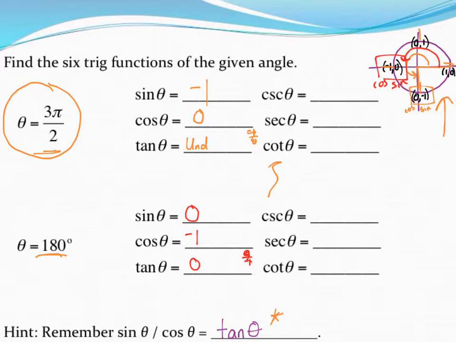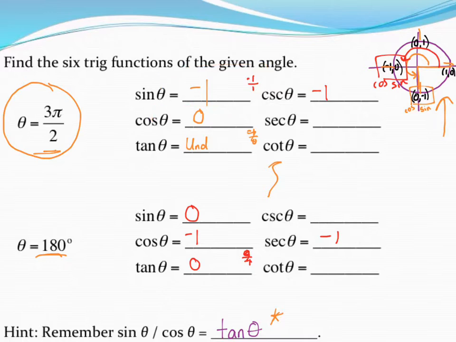Let's go back and then do our reciprocals. All I have to do is flip these numbers around. If I take -1, we'll start at the top, and write it like this, -1 over 1, and take its reciprocal, well, it stays -1. -1 and 1 are their own reciprocals, so I'll just get those filled out right away. And then remember, these are lined up, so sine is the reciprocal of cosecant, and cosine is the reciprocal of secant, and so on.